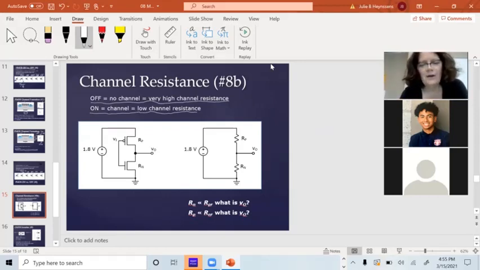Let's say Rn is something like 1 ohm, and let's say Rp is something like 1 gigaohm. Not unrealistic. Okay, what would my Vout be? You could use a voltage divider. I've got 1.8 times 1 over 1 plus 1 gig. This is going to be pretty close to 0.